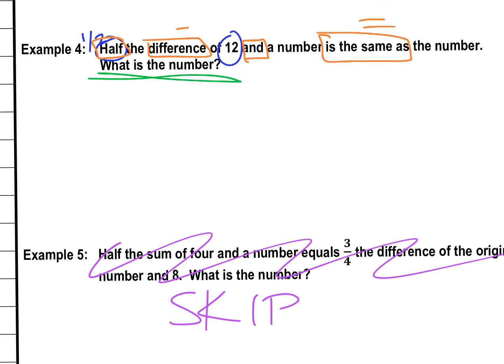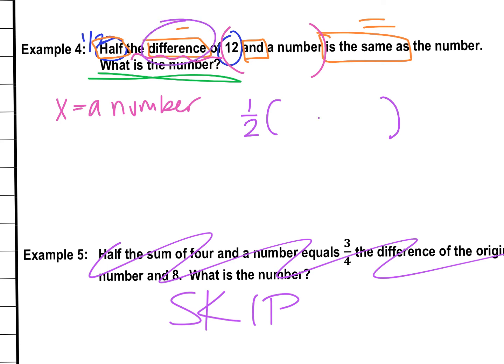Now in this case we have some important words. The difference of implies whatever follows goes in parentheses, and this is a tricky one. So when I define my variable, I'm still just finding a number. But to show half the difference of, we are going to take half times parentheses with difference, or subtracting. We are subtracting that next phrase, 12 and my number, which I do not know, and it equals my number.